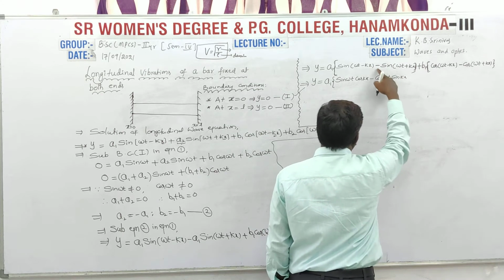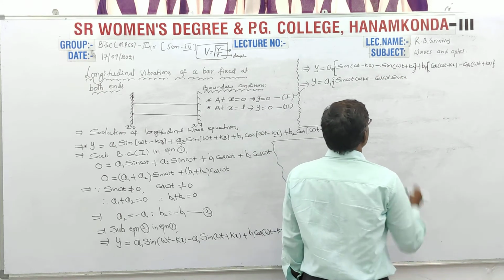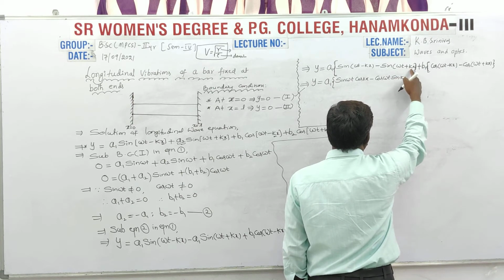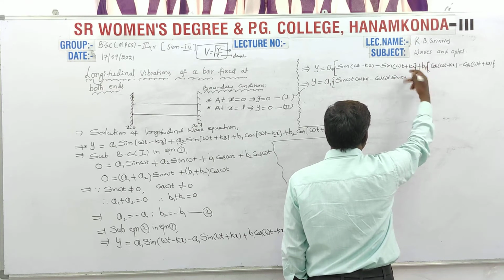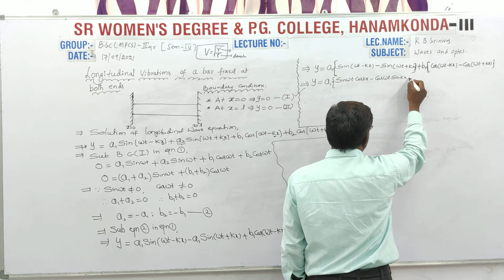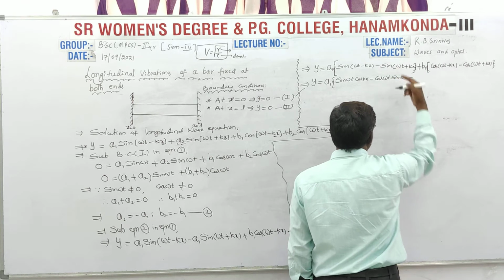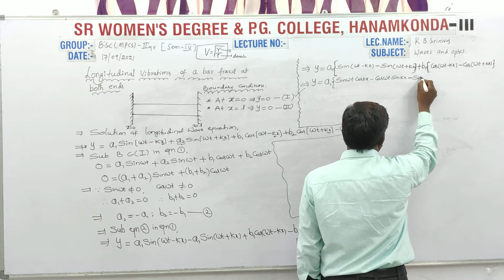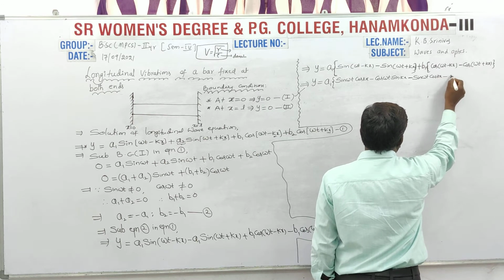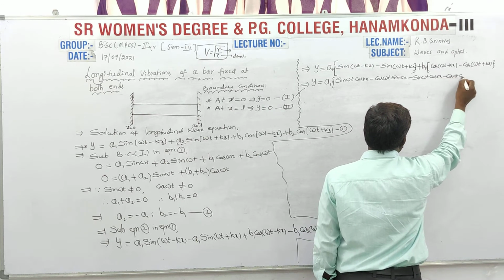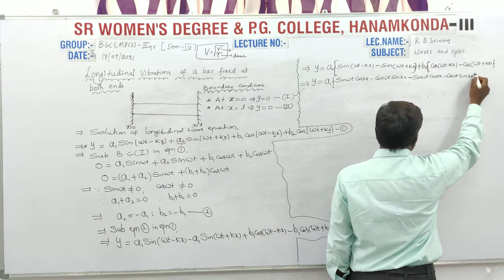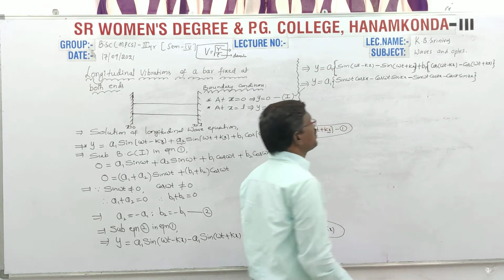Coming to the second term along with the negative sign, it is in the form of sin of a plus b, sin a cos b plus cos a sin b. But both the terms become minus because we already have minus here. So I am using sin of a plus b, sin a cos b, cos a sin b. So this is about the expansion of the first term, the term in the bracket.